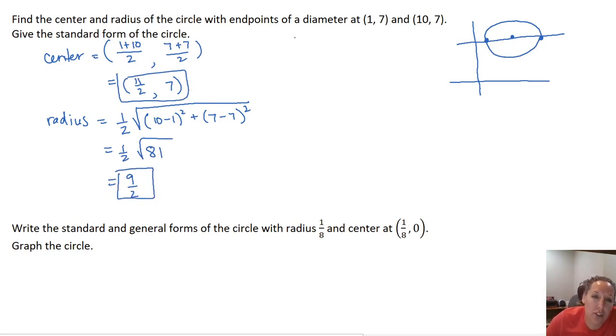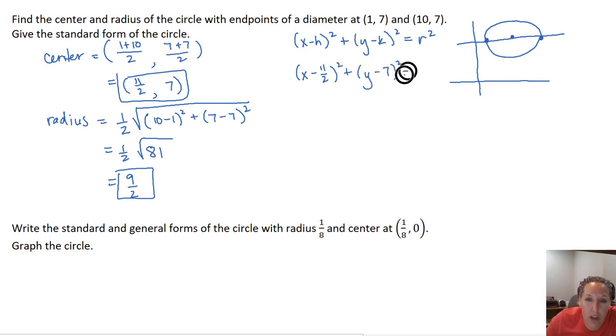The standard form of a circle is x minus h quantity squared plus y minus k quantity squared equals r squared, where h and k are the x and y coordinates of the center. So we get x minus 11 halves quantity squared plus y minus 7 quantity squared equals 9/2 quantity squared.